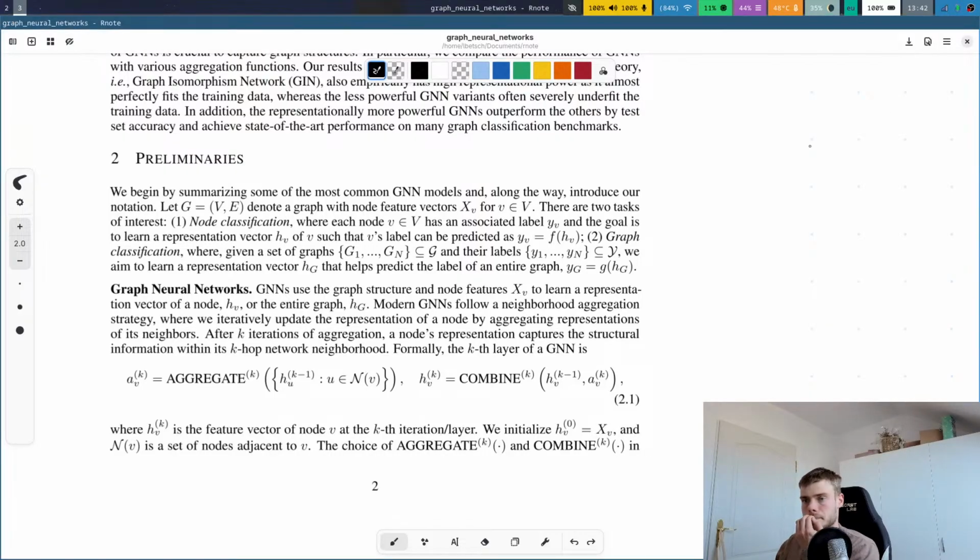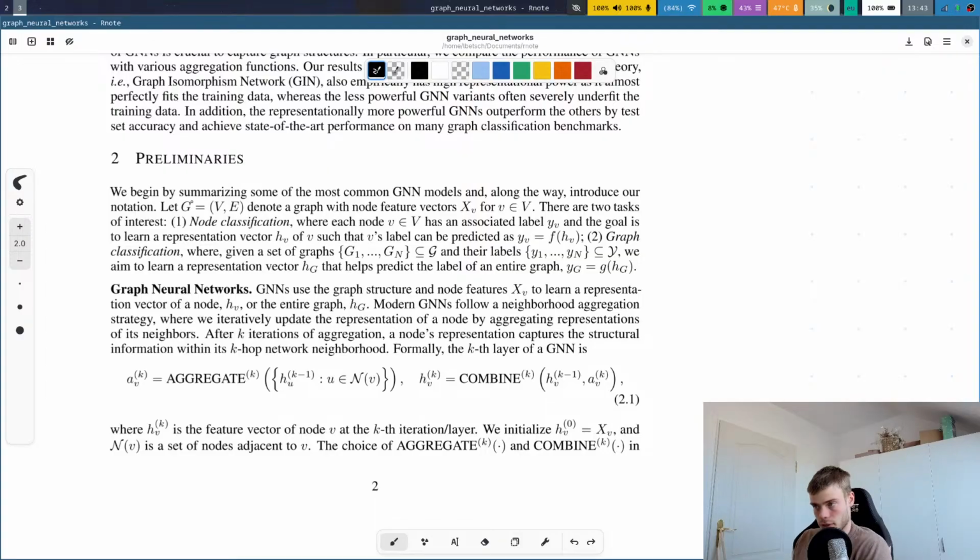Let G = (V, E) denote a graph with node feature vectors x_v for v in V. So the small v is probably a vertex in the set of vertices in the graph, and the big E is the set of edges.